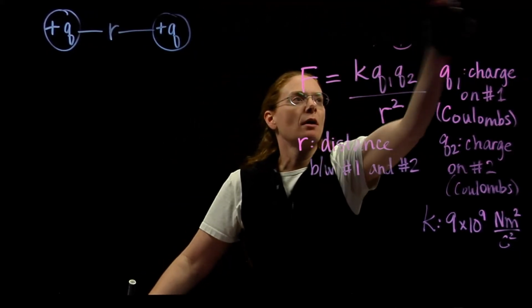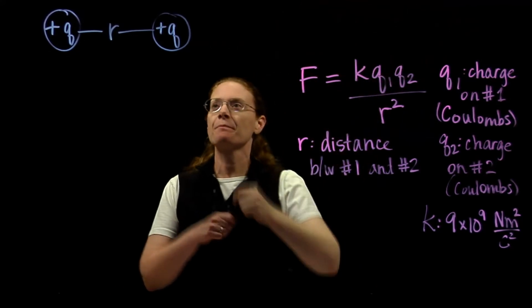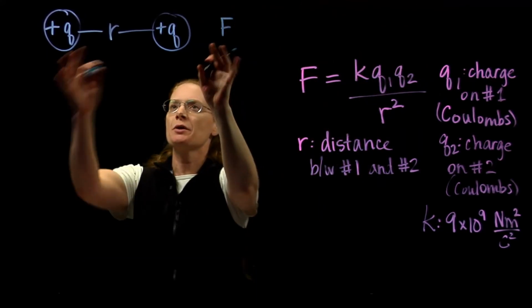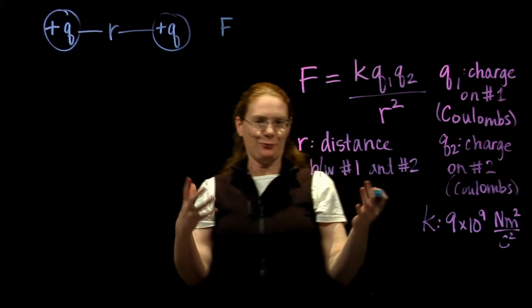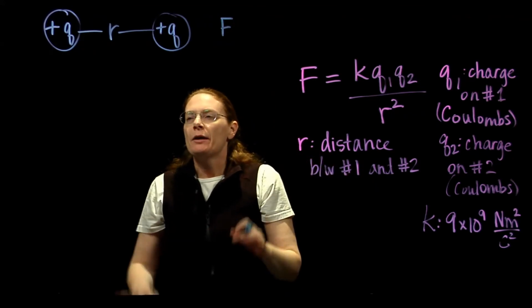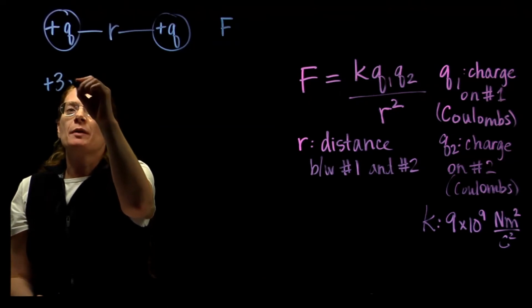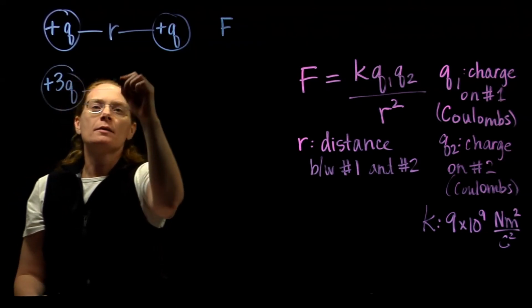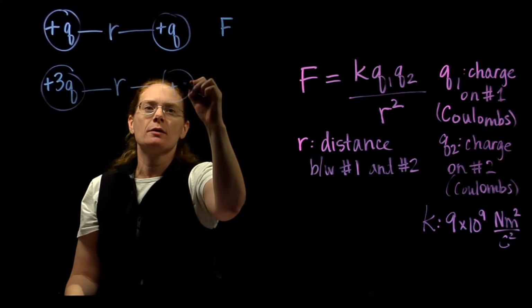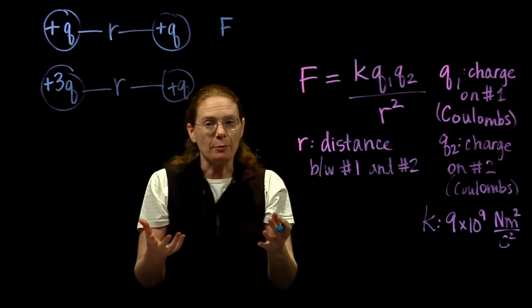I'm just going to call it a certain force F. So in this situation, there's a force between them. That's F. Now if I were to triple this charge, so this one becomes plus 3q, same distance away from this one, what would happen to the force?